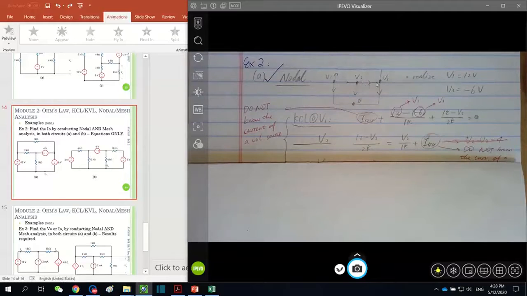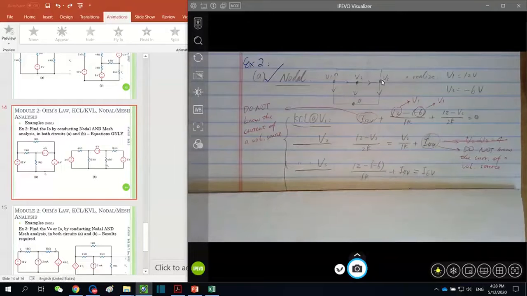And for the third current, from V2 to V3, we would use V2 minus V3 divided by the resistance in the middle. No, because there's no resistance in the middle. Instead, we only have a voltage source. So how do we take care of this? As we have mentioned, we have to assume another unknown to represent the current flowing through this voltage source, because there is no way to know this current.